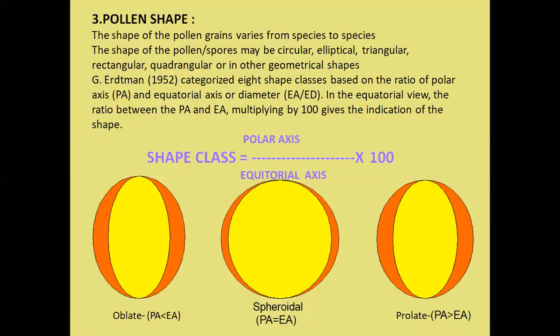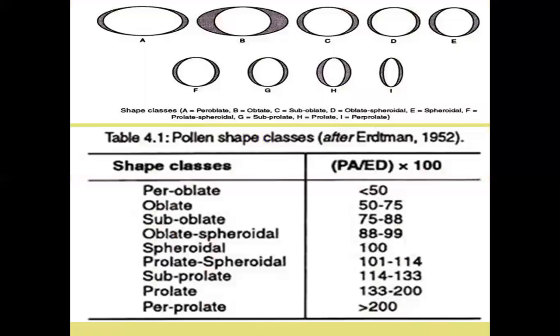Within these three main types, subclasses are also there, based on the ratios. Just have a look here. A to D come under oblate, E is only spheroidal, and F to I are prolate.